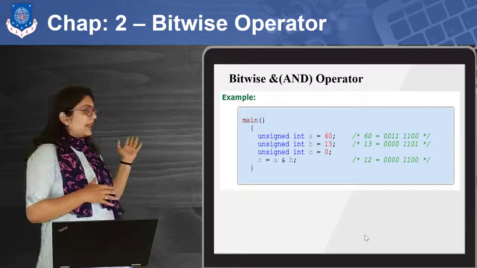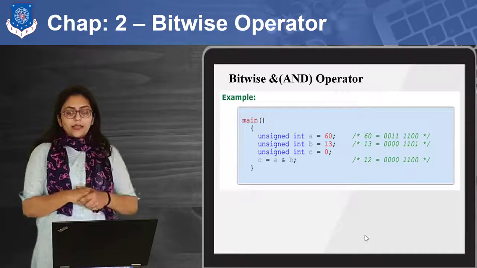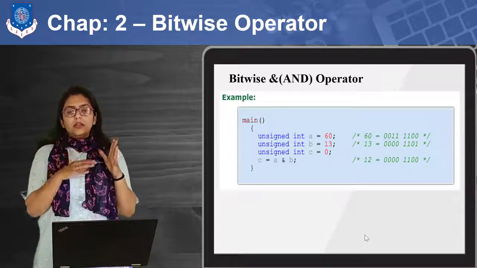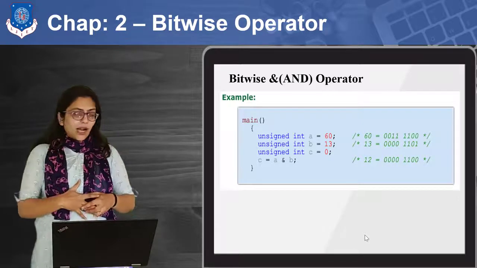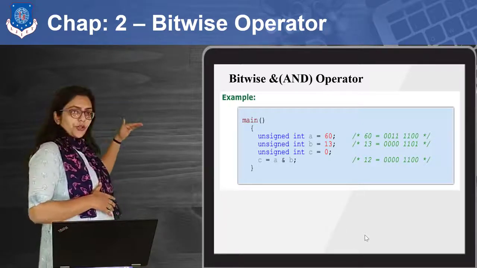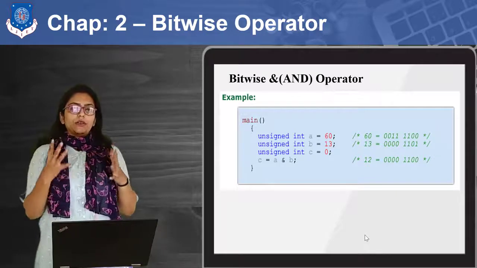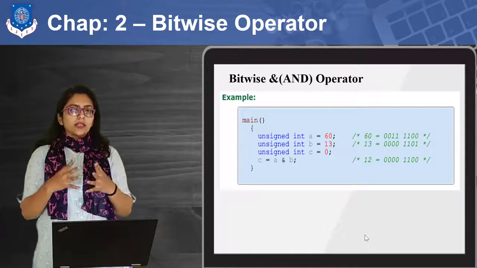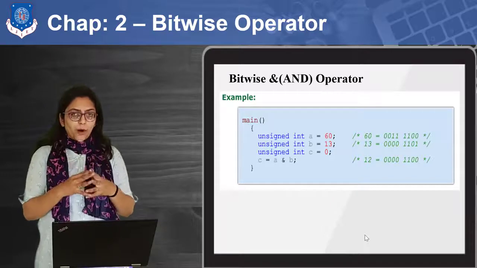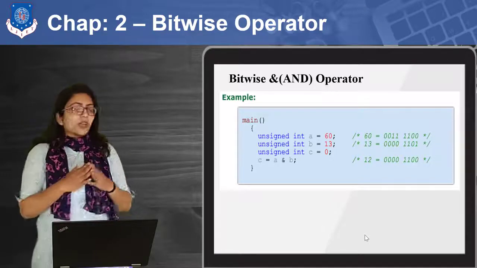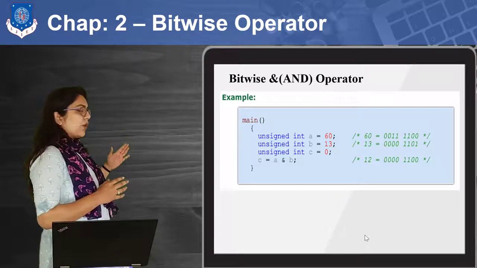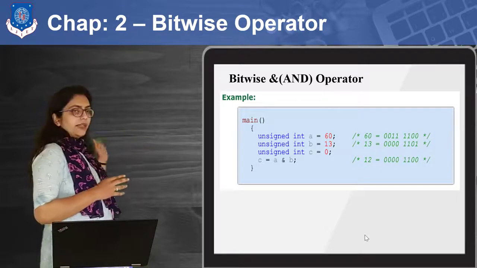So 13 can be represented in binary in that way: 0, 0, 0 and then 1, 1, 0, 1, right? So you can see the binary representation of both numbers, and then I have declared C, which will be used to store the result of ANDing between these two operands A and B. Now I am performing ANDing of A and B and storing the result in C.